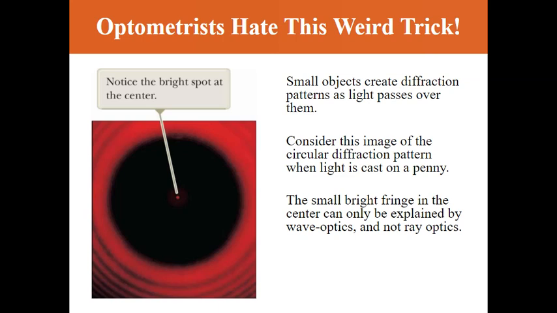So this sort of study of diffraction through small objects was beginning to be performed in the early 1800s. Thomas Young did his double slit interference experiment in 1801, and the pattern that he saw can only be explained through interference, through understanding light as a wave.